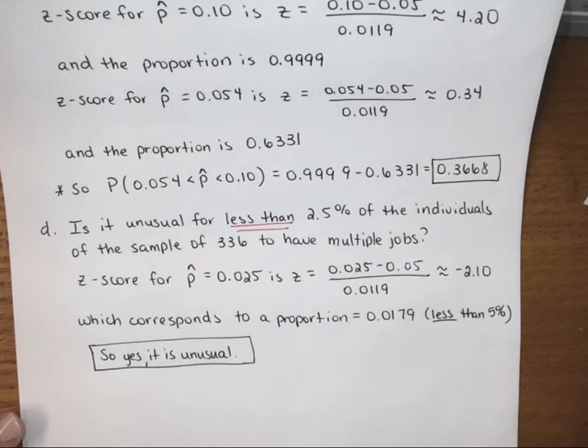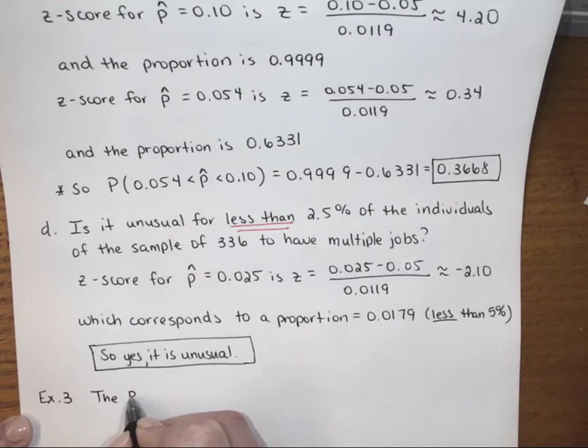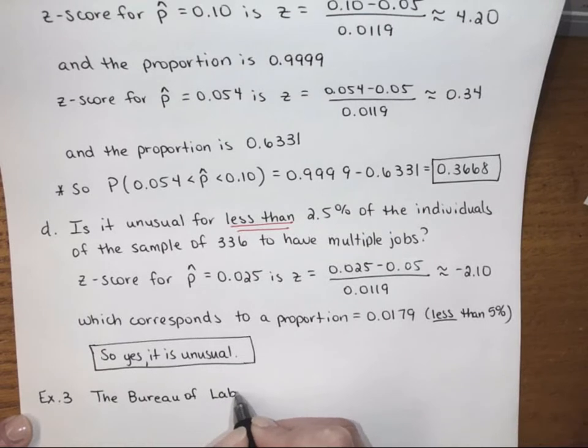All right, so that was kind of a long problem. We had multiple parts, so let's do maybe one more question, but again, it's going to have multiple parts, so it's going to be kind of lengthy. So again, let's say we got some stats from the Bureau of Labor Statistics.